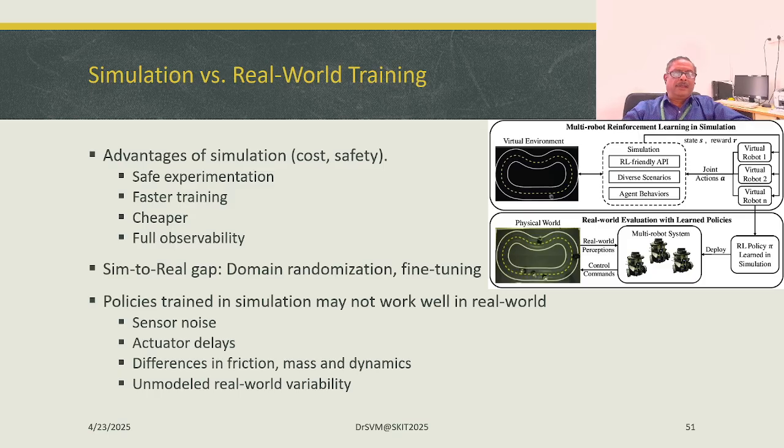So the delays are learned, noise is also learned. So if there are differences in the friction, mass, dynamics, and all, they are considered during the learning stage itself, and we can see that most of these problems can be solved if we go for real world training.